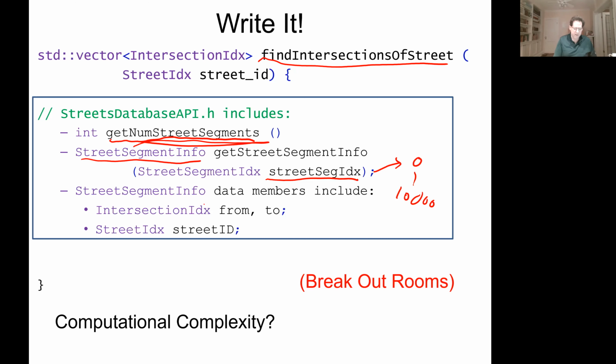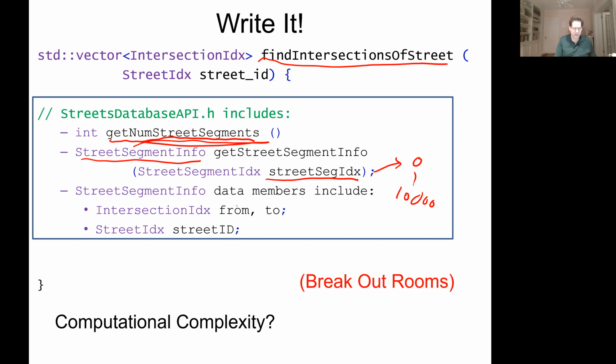And then this street segment info data structure has a bunch of public data members. A structure and a class are basically the same thing in C++. A structure just defaults to all of its data members and functions being public. So often when you want to just make the data public, you call it a struct. That's what we've done here.